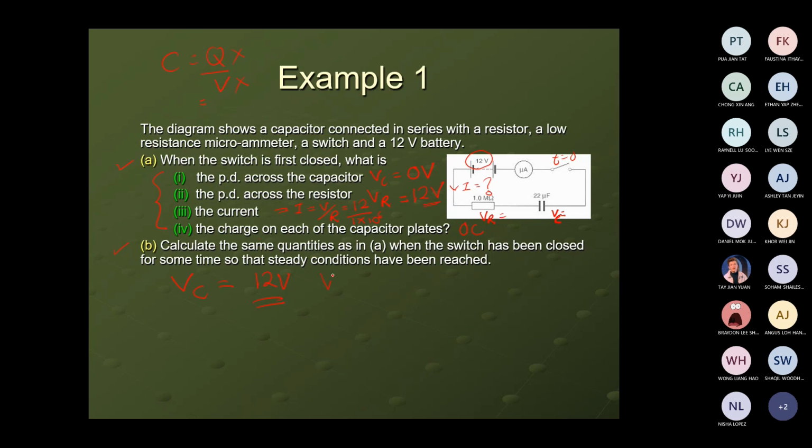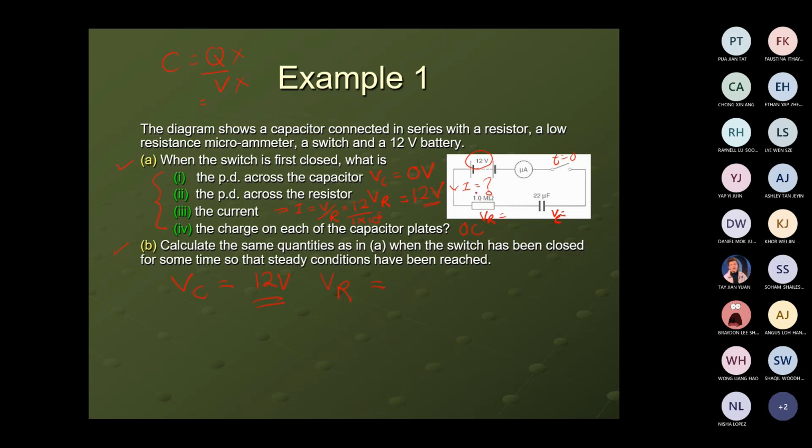What will the voltage across the resistance be? Capacitor 12 volt, battery 12 volt. So the total EMF of the circuit becomes 0. So no current will flow. When the capacitor is completely charged, current flow becomes 0. So the resistance won't take any voltage, right?